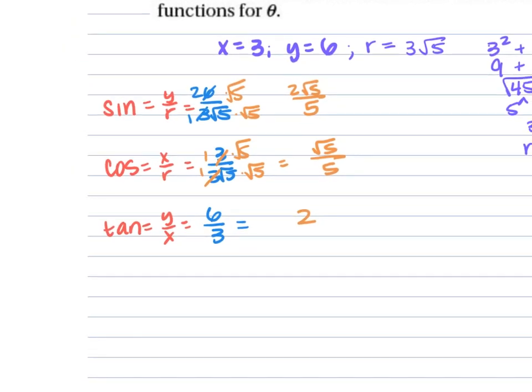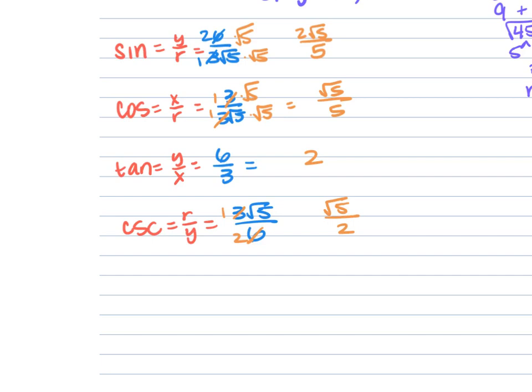Your reciprocal of sine is cosecant, so that's r over y, which is going to give us 3 square root 5 over 6. The 3 turns into a 1, the 6 turns into a 2, so that's just the square root of 5 over 2. Your reciprocal of cosine is secant, so that's r over x.